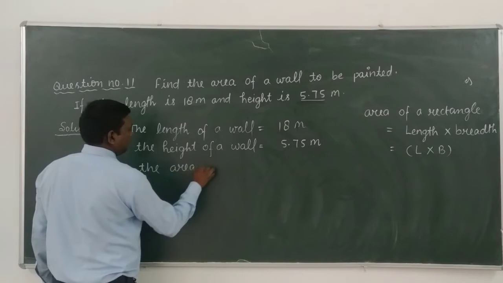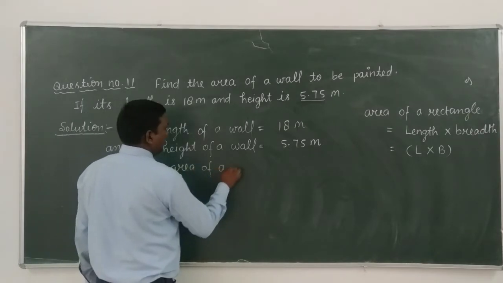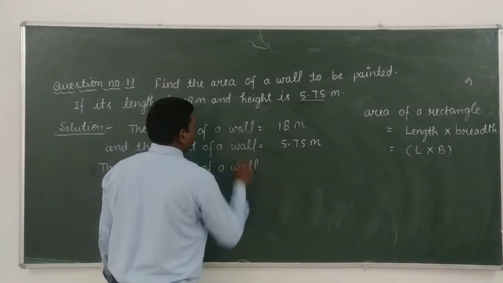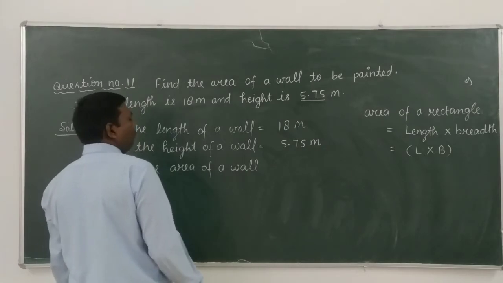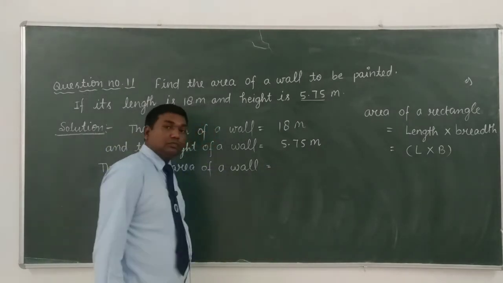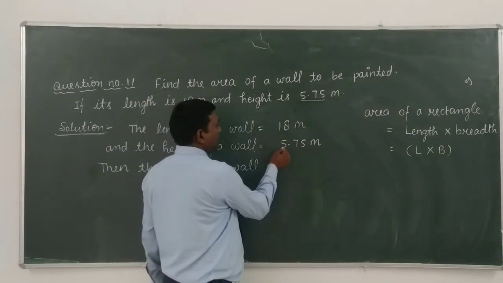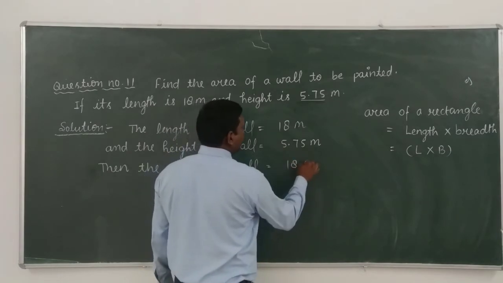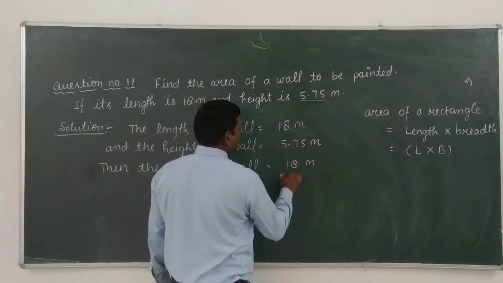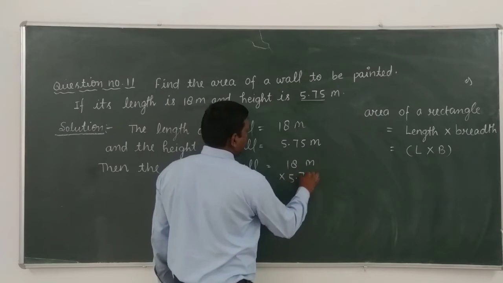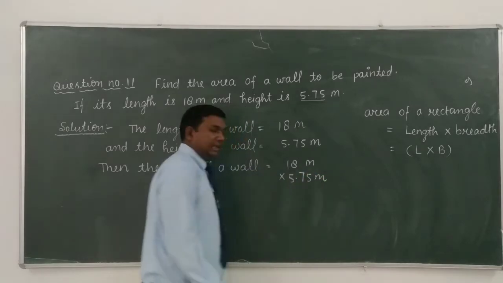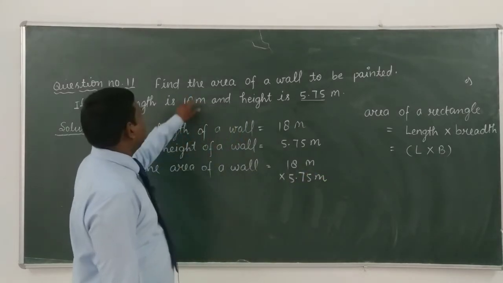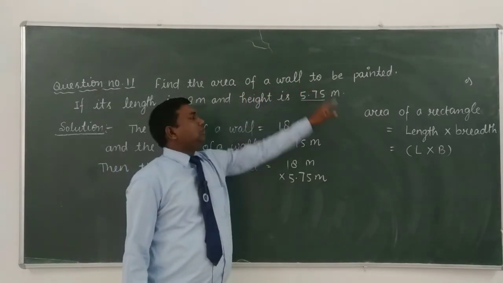Okay, then the area of a wall is equal to length into height. If we multiply 18 meter by 5.75 meter, then we find the area of a wall to be painted.